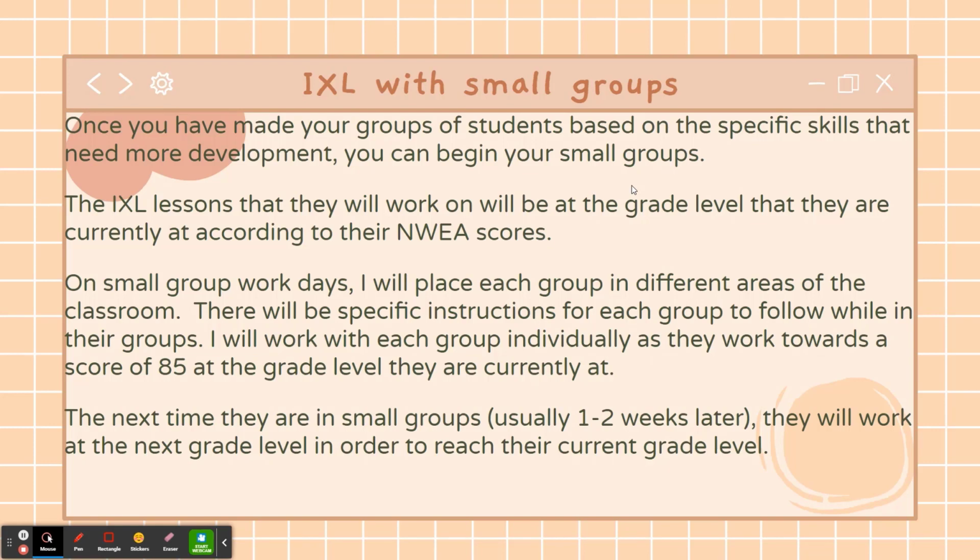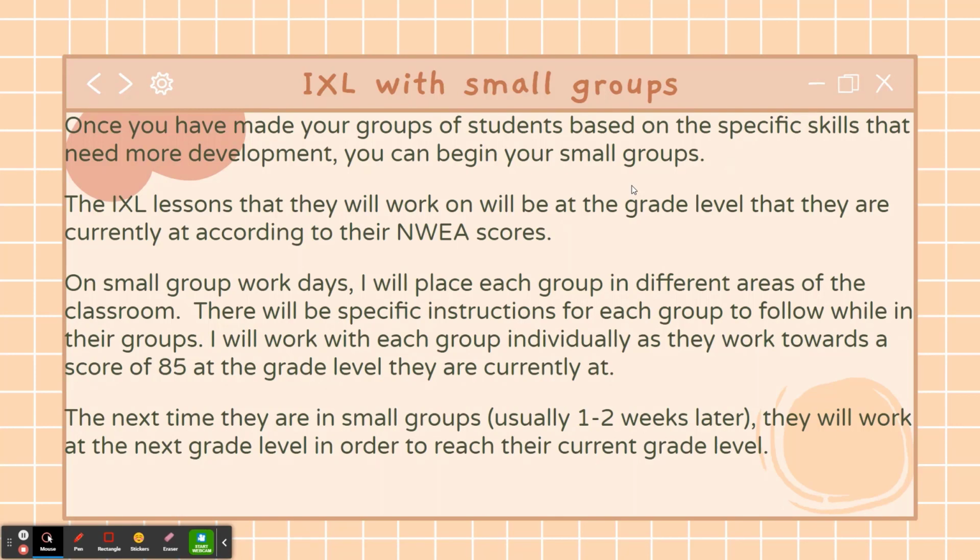I'll even use the hallway sometimes. And using Canvas, there will be specific instructions for each group to follow. And I give each group a code name, so no one knows what skill they're working in or what grade level they're at. I don't label them my 5th grade group and my 6th grade group. I give them all code names.